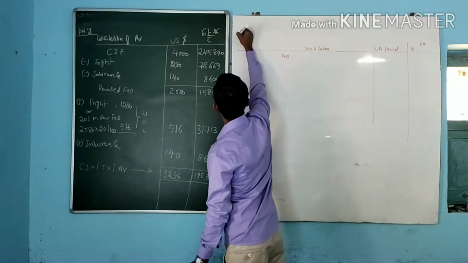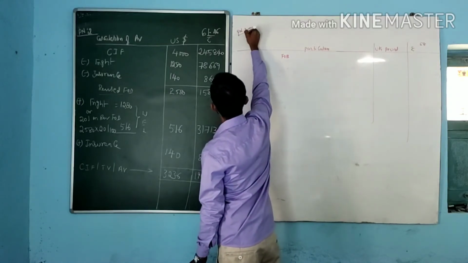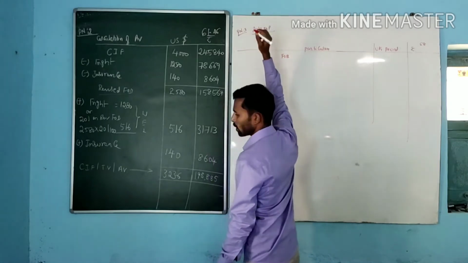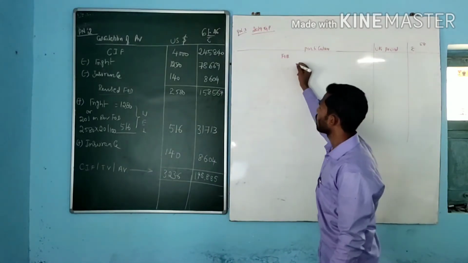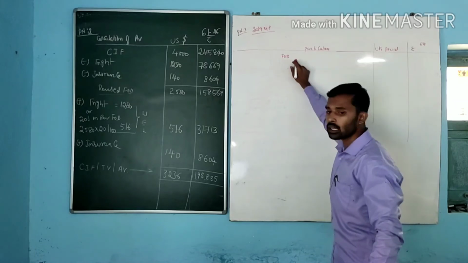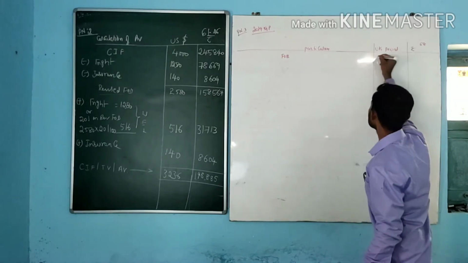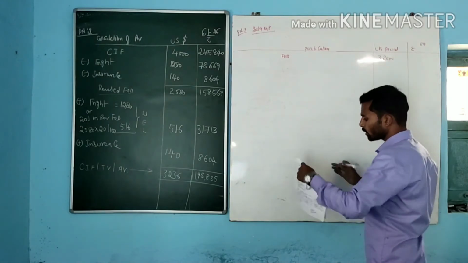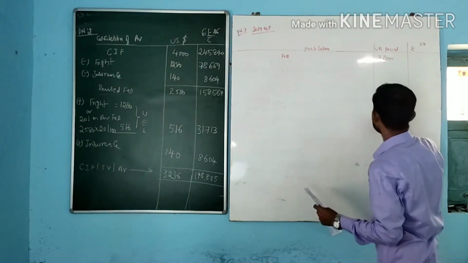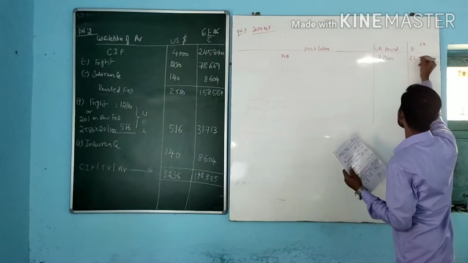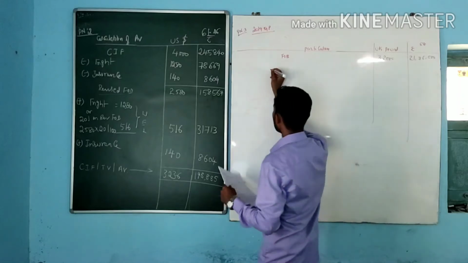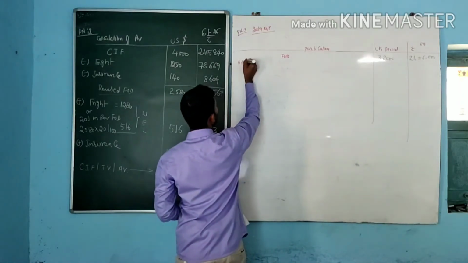Problem number 3, 2019 question paper, 6 months. Right. FOB, take here. What is the FOB value? 32,000 UK pound. When it is converted to Indian rupees, 21,76,000.